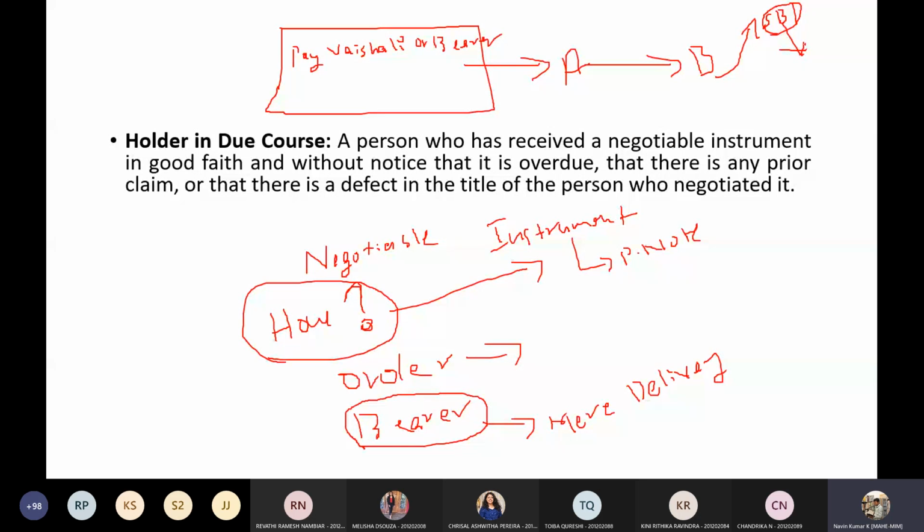There is an obligation on the banker to make a payment without looking at the identity of the person, since it is a bearer instrument. So during the transit, nobody needs to do anything in the instrument in order to transfer. So it is freely transferable in the sense that just by mere delivery, you can transfer the rights of the instrument.